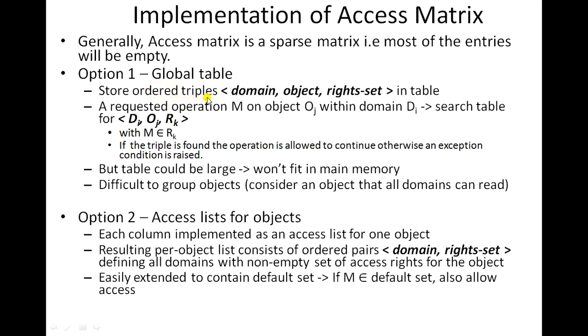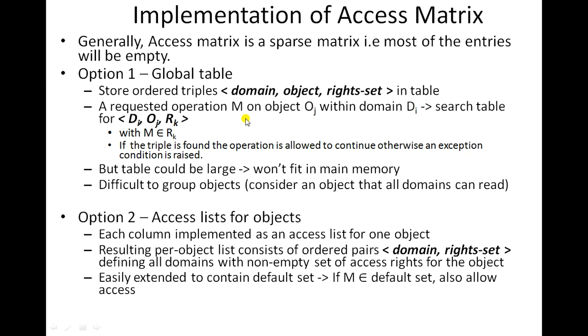A triple or entry in the global table has three entities: domain name, object name, and set of rights. The set of rights for the processes in a domain are defined on the object.